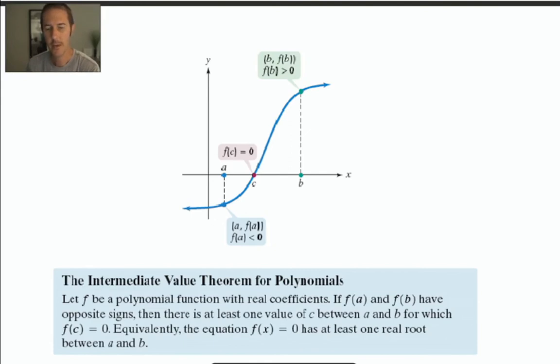In this graph, at the point where x equals a, we are below the x-axis. At the point where x equals b, we are above the x-axis.